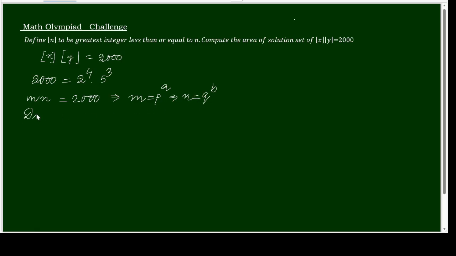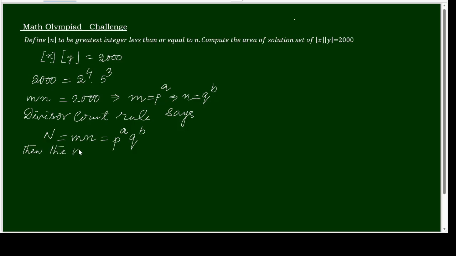Then the divisor count rule says that if n can be written as p to the power a and q to the power b, then the number of positive divisors of n is a plus 1 into b plus 1.